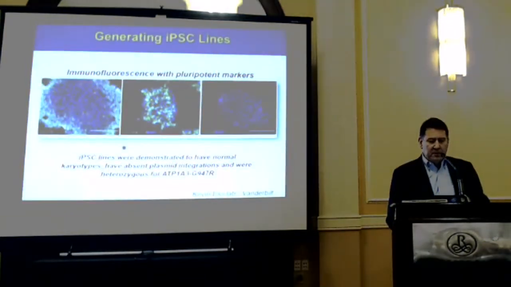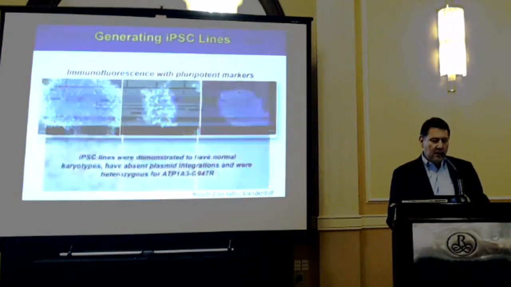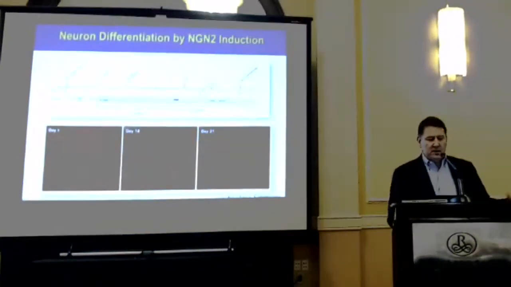So this is a picture of some induced pluripotent stem cells that have been stained with certain types of antibody stains to represent their properties. The next step is we take those cells and put them through a cascade of exposures in the laboratory to turn them into neurons.